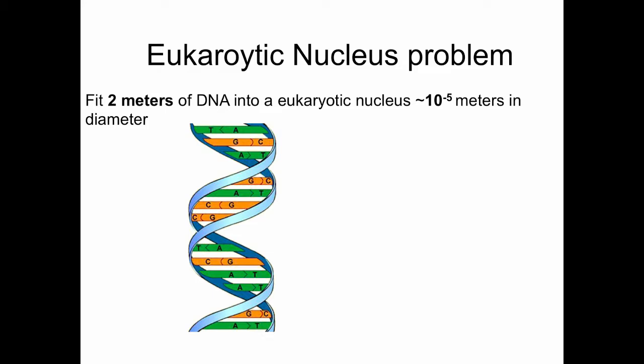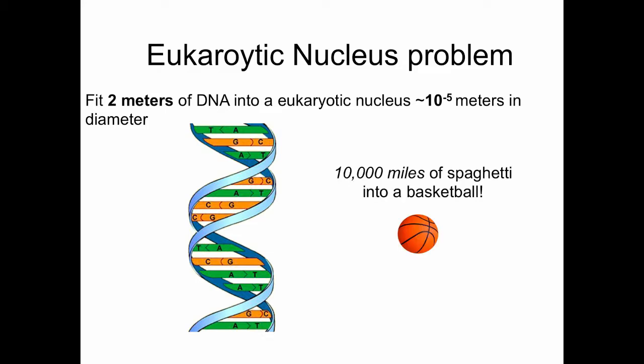In a eukaryotic cell, you need to fit about 2 meters of DNA into a nucleus that's about 10 to the minus 5 meters in diameter. To put it into perspective, that's a lot like trying to stuff 10,000 miles of spaghetti into a basketball. So it's a very, very difficult structural challenge that the cell has, but yet it's able to do it.